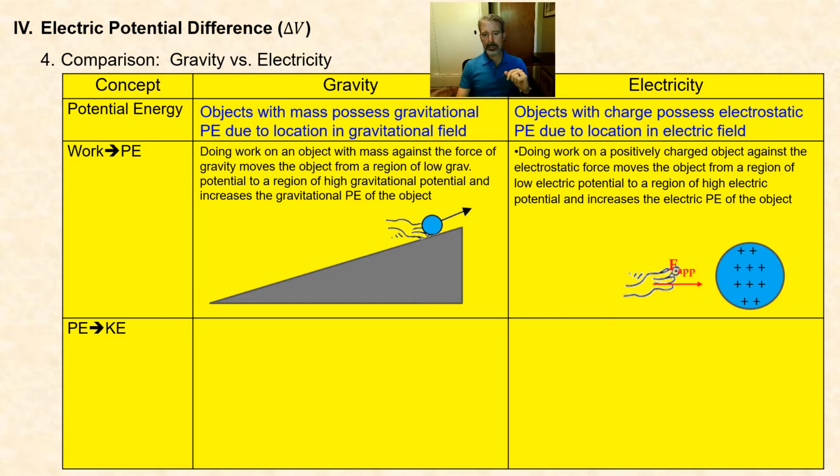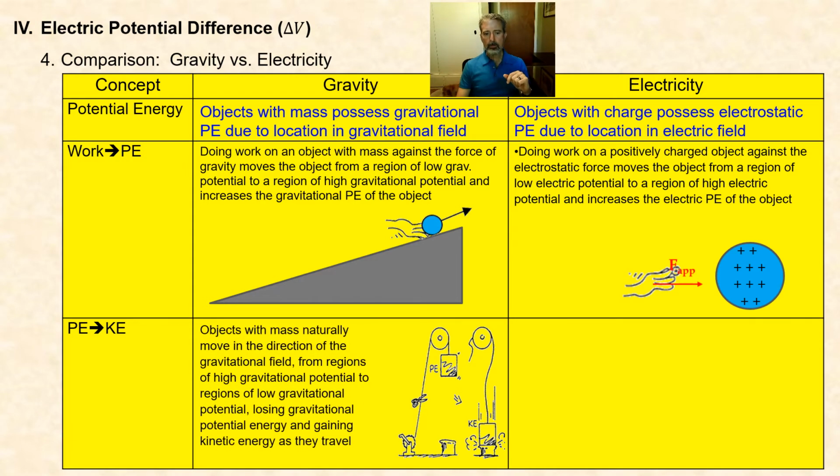And lastly here, we'll take a look at this idea that potential energy, which we think of as stored energy, can be converted into either work or kinetic energy. Starting with the pile driver, you know that objects with mass will naturally move in the direction of the gravitational field, from regions of high gravitational potential to regions of low gravitational potential.